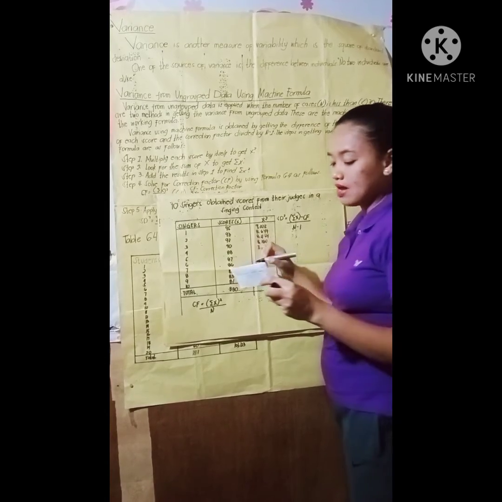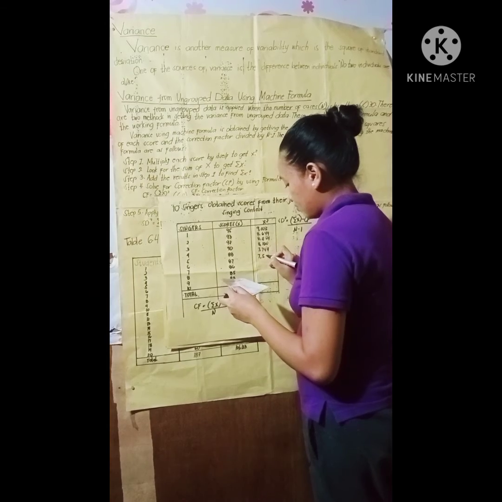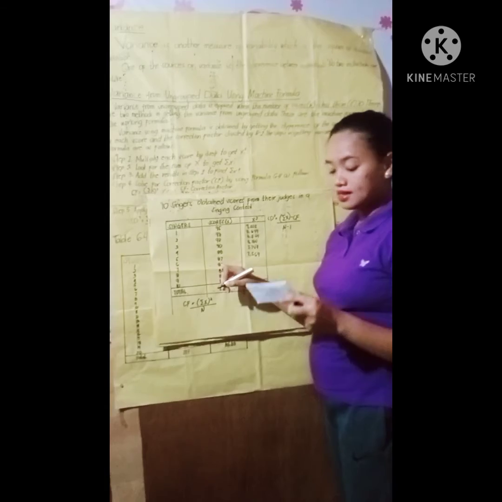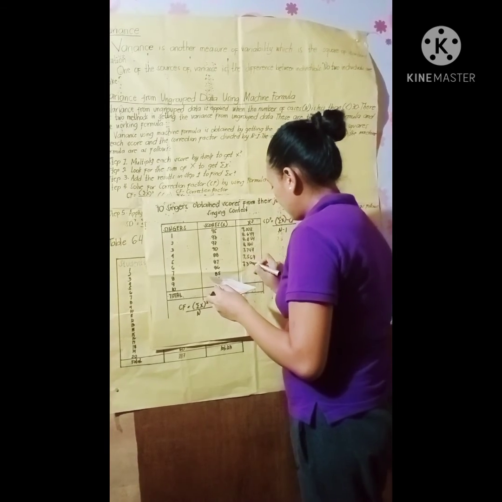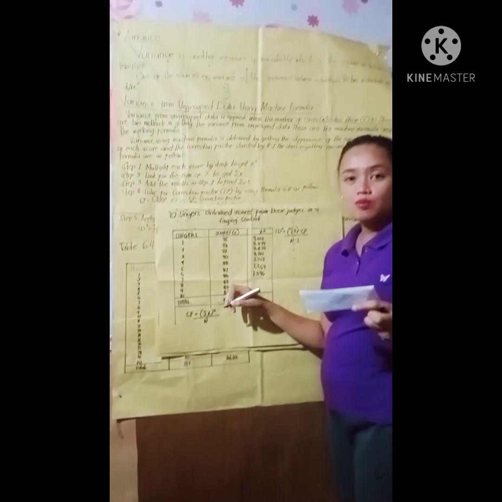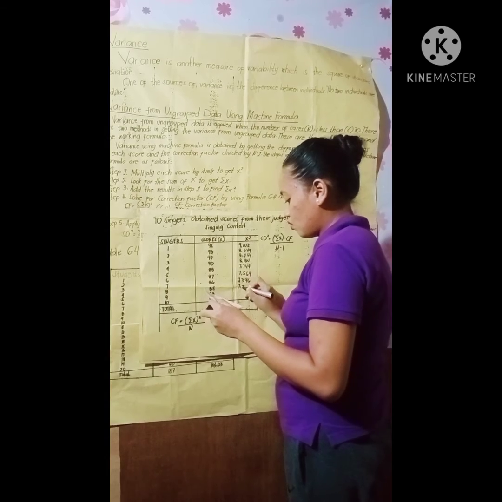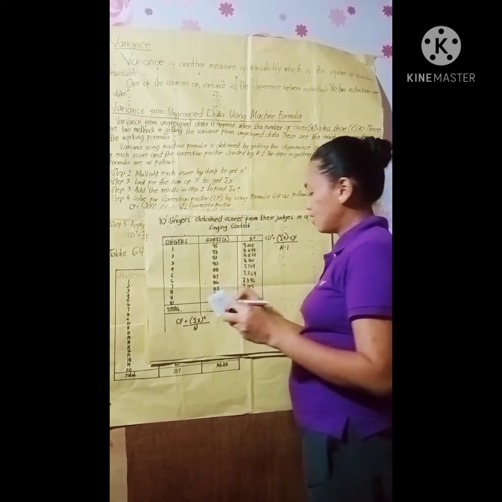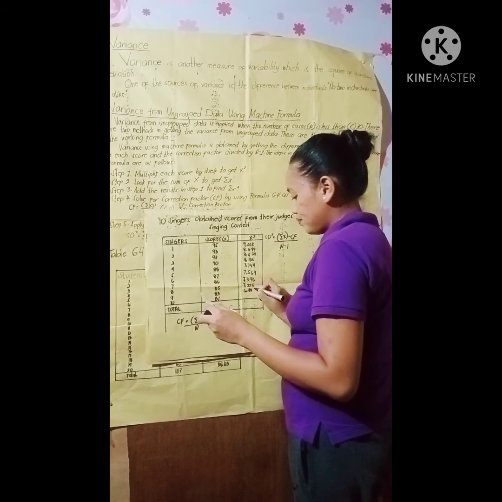87 times 87 is equal to 7,569. And 86 times 86 is equal to 7,396. 85 times 85 is equal to 7,225. 83 times 83 is equal to 6,889.